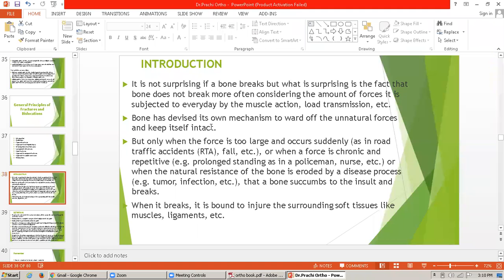So bone has devised its own mechanism to ward off the unnatural forces and keep itself intact.